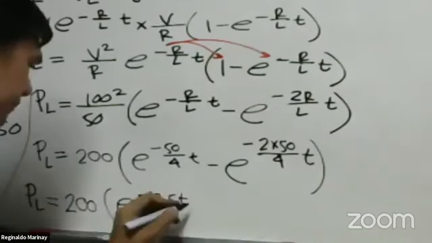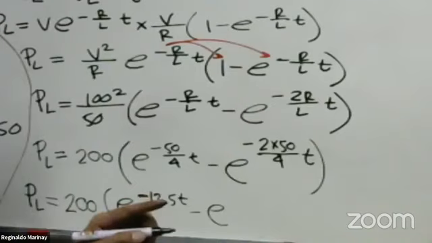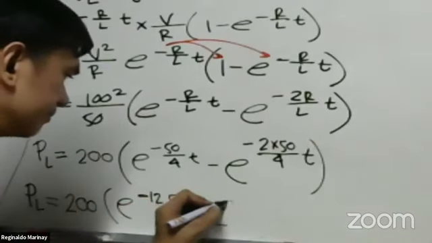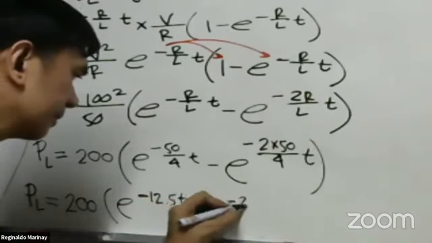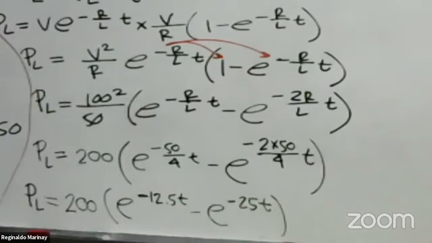Okay, 12.5 minus E. If that is 12.5, just multiply it by 2. 12.5 times 2, negative 25, correct? So this will be the equation of our PL.